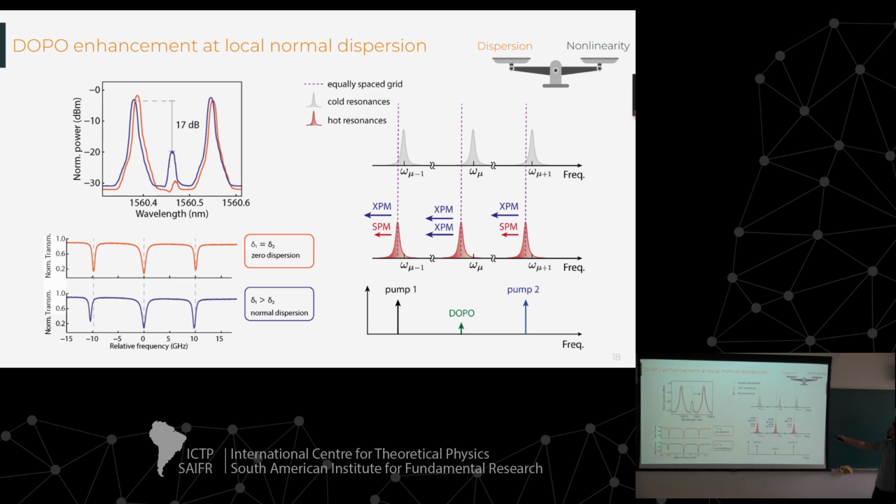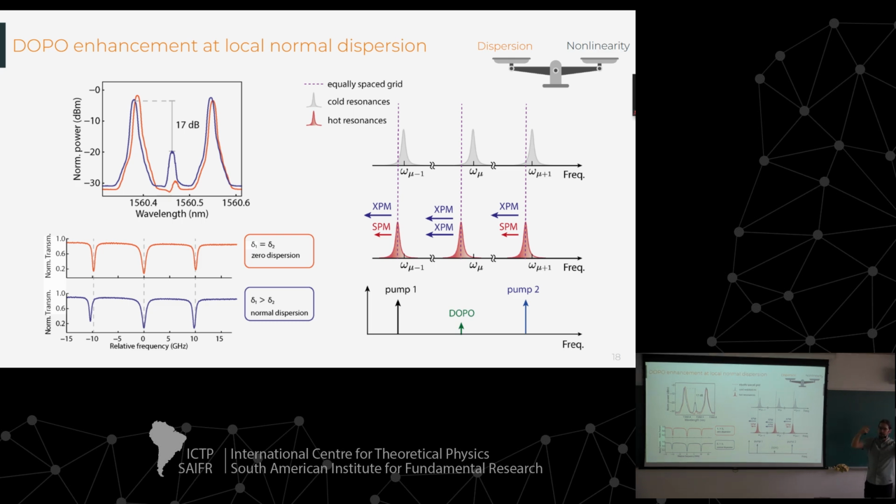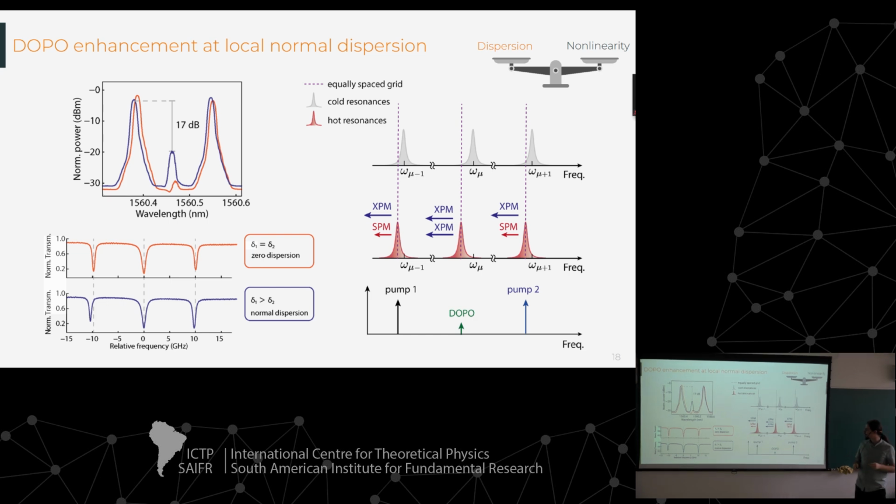But the central frequency will experience two times the cross-phase modulation because we have two pumps, and the self-phase effect is very small. So the central mode will be redshifted more than the two pumped modes. This is why we have to start with normal dispersion, so we can compensate for that.